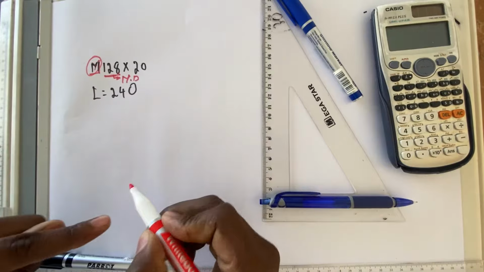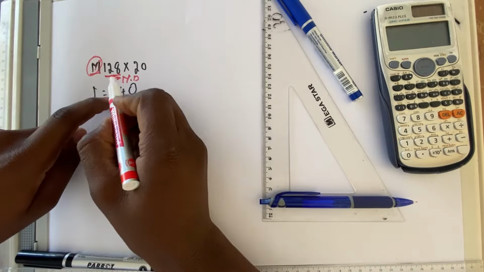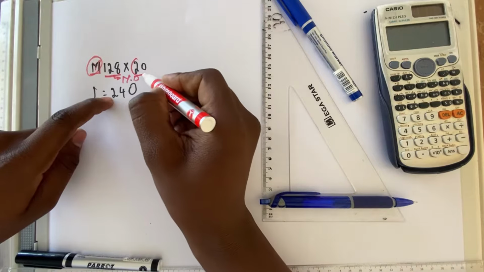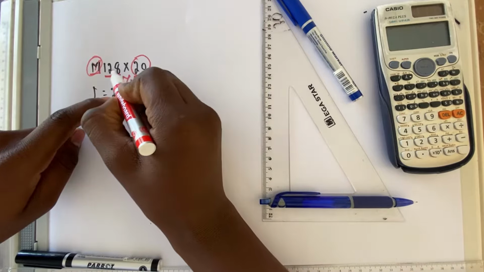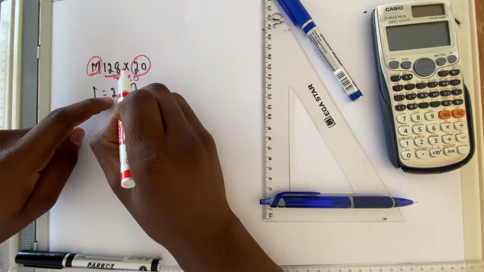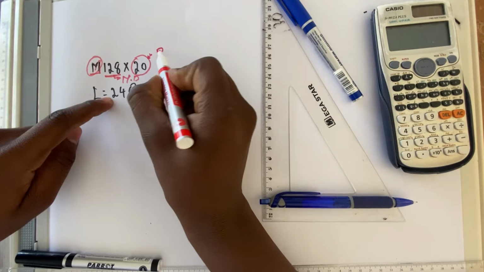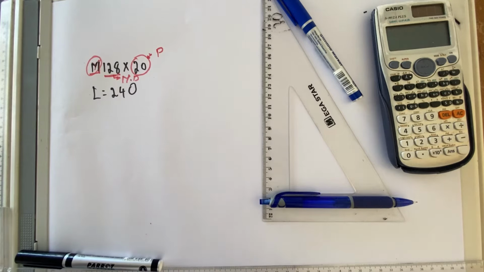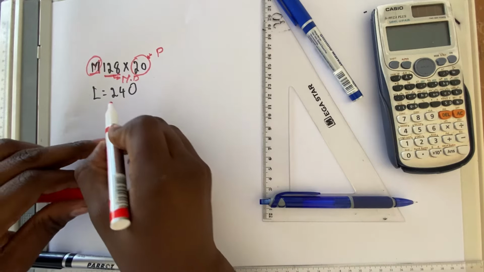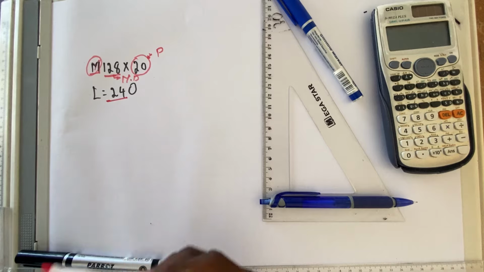The number that comes next to the nominal diameter is going to be your pitch. And this, like I said, is my length.